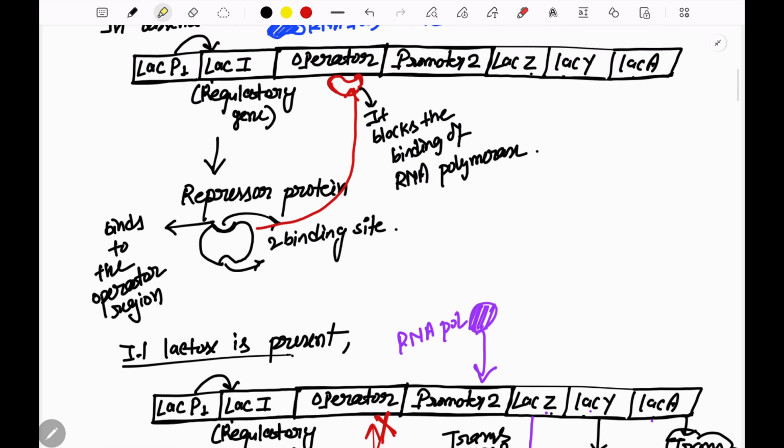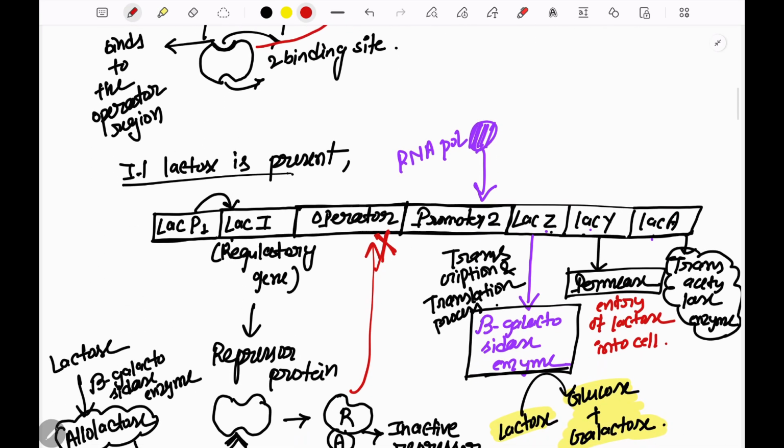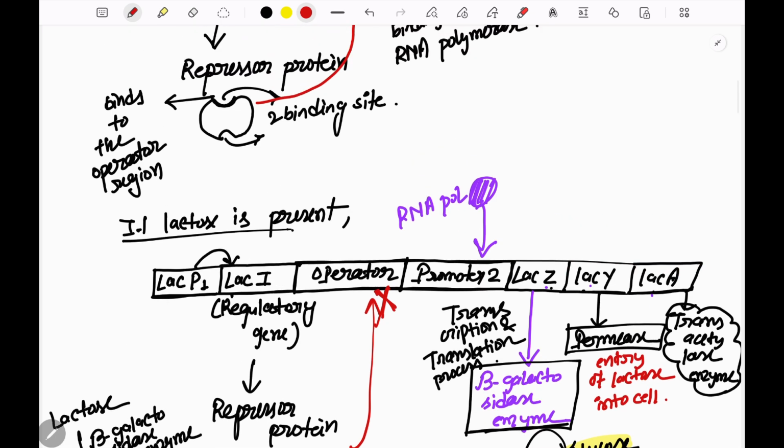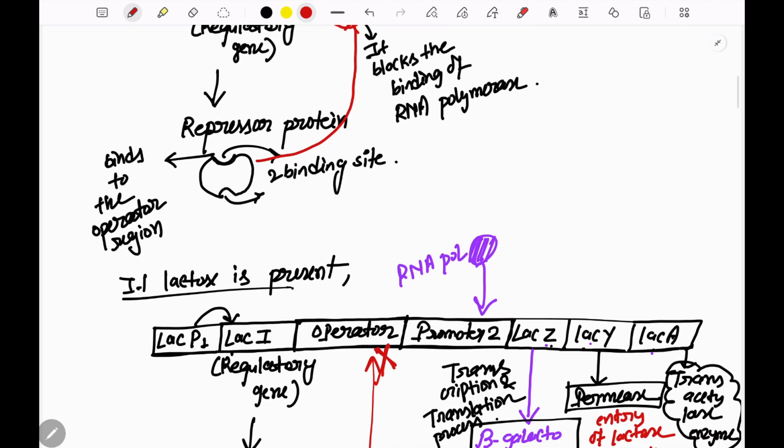Now a key point, that is, this is called operon. Why? Because the multiple genes LAC-Z, LAC-Y, LAC-A are controlled by one single promoter. So why is it called operon?